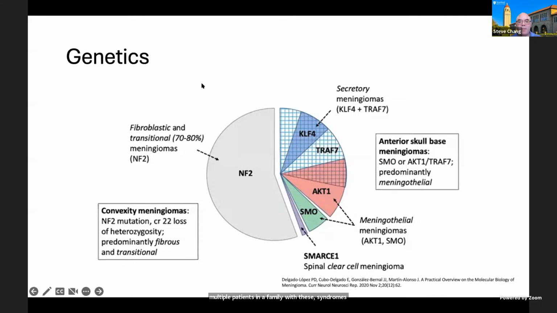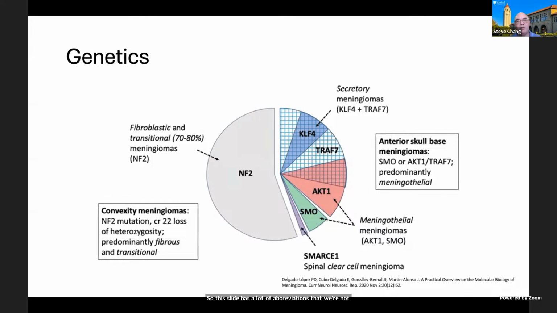So when we talk about meningioma genetics, as I said, when you get down into the details, the meningiomas are not all the same at the cellular level. This slide has a lot of abbreviations that we're not going to go into, but it does show that there are genetic differences among meningiomas.